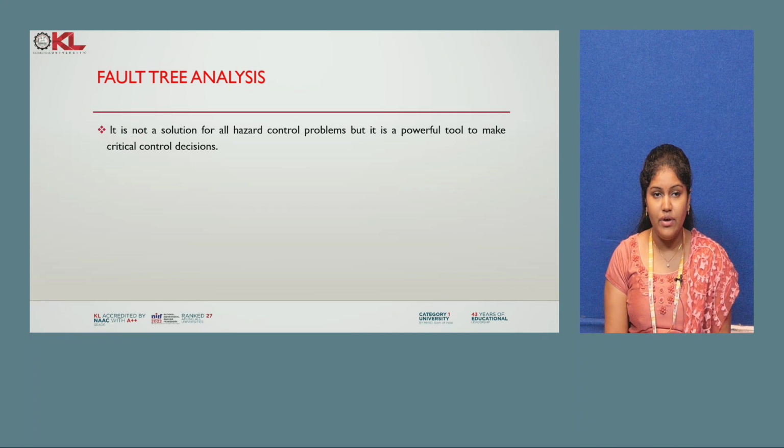So finally, the conclusion of the fault tree analysis. It is not a solution for all hazard control problems, but it is a powerful tool to make critical control decisions. For example, if we have smoke in the house, we keep a fire extinguisher.